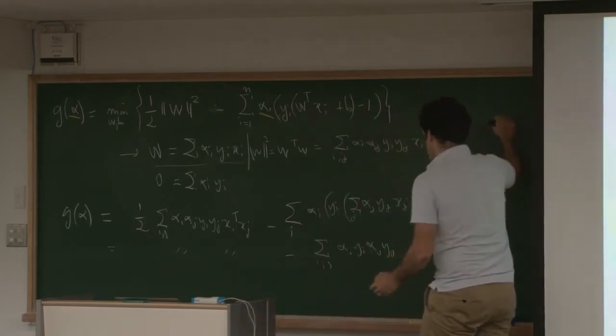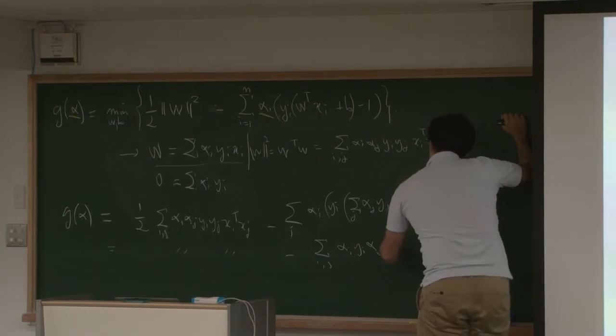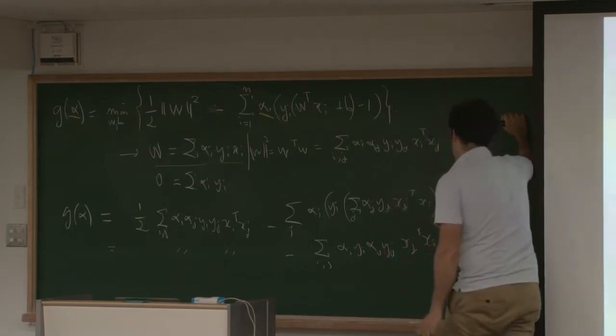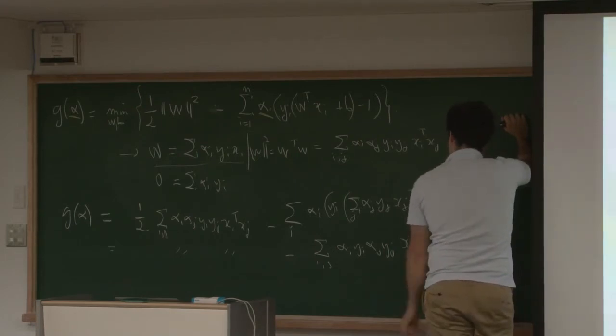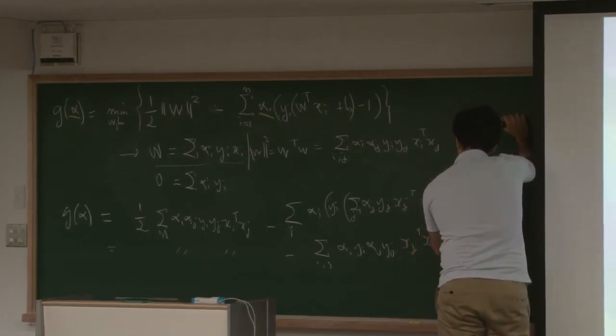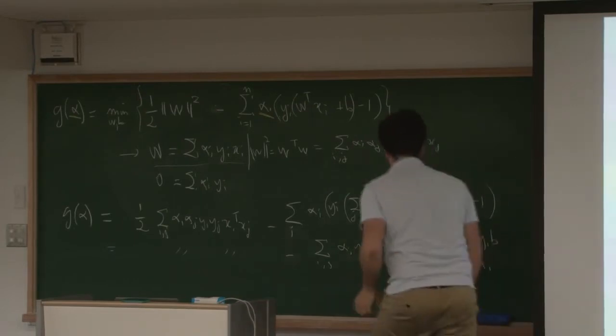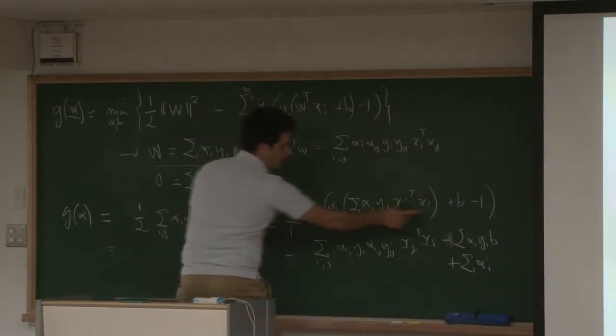I haven't done this in a while, so that's why. Plus the sum of I, yi times b, plus, so that's probably a minus, plus the sum of alpha I. This is the sum of alpha I here.